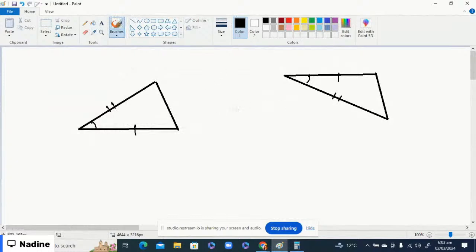So how can we write it out? Side, angle, side: one side, the angle, then the other side. This S represents the side, this A represents the angle, this S represents the side. So these are the two triangles which are congruent. Why are they congruent?